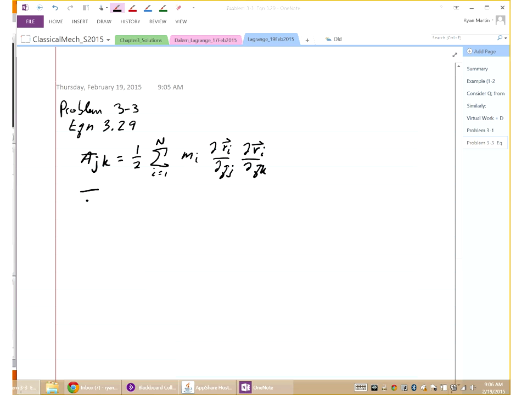So we start with knowing that the kinetic energy is, I believe this is actually equation 3.29, what I'm writing right now.